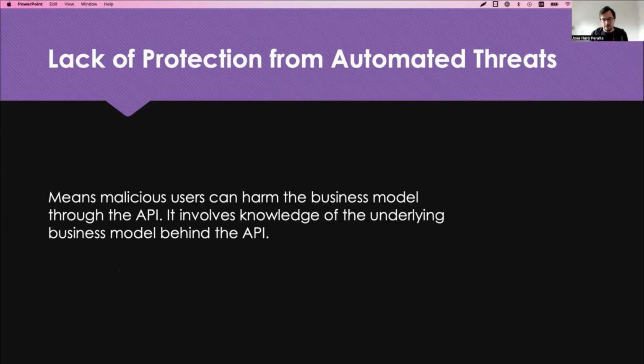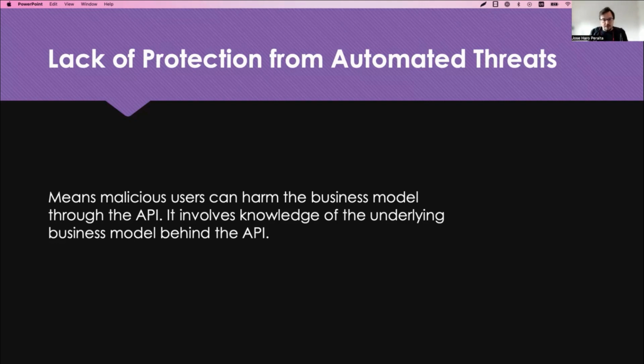Imagine you have an e-commerce site, something like Amazon or Shopify platform, and you have different sellers in your marketplace, and there is a product launch coming up. A malicious user can be monitoring the launch of the product, and as soon as it becomes available, they can buy the whole stock by using bots across different regions of the world, using different accounts.